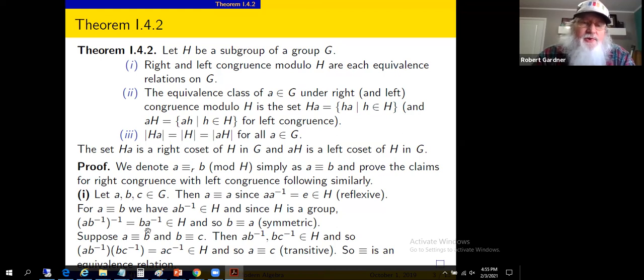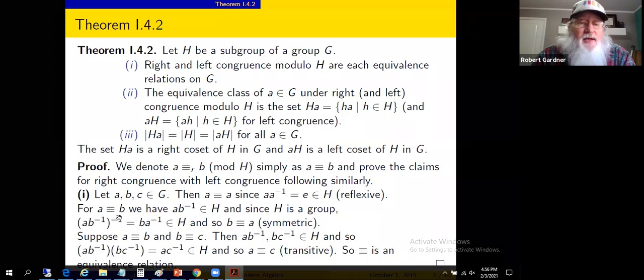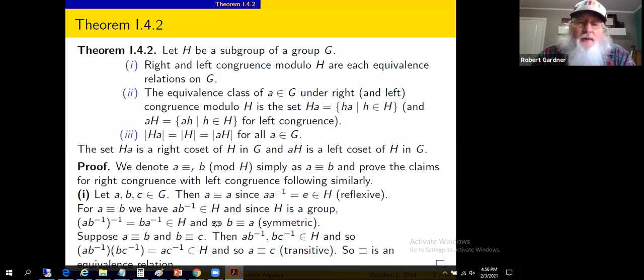So we draw the conclusion that ba inverse is in H, simply group properties applied to H. Well, that means b is right congruent to a. So if a is right congruent to b, then b is right congruent to a. That is, we have symmetry, so reflexive, symmetric.